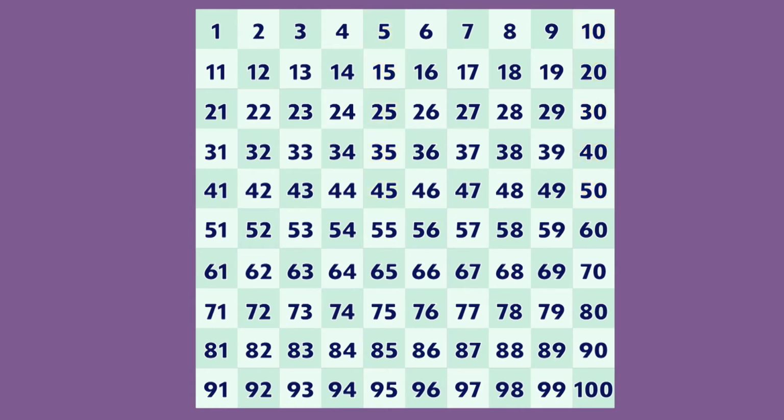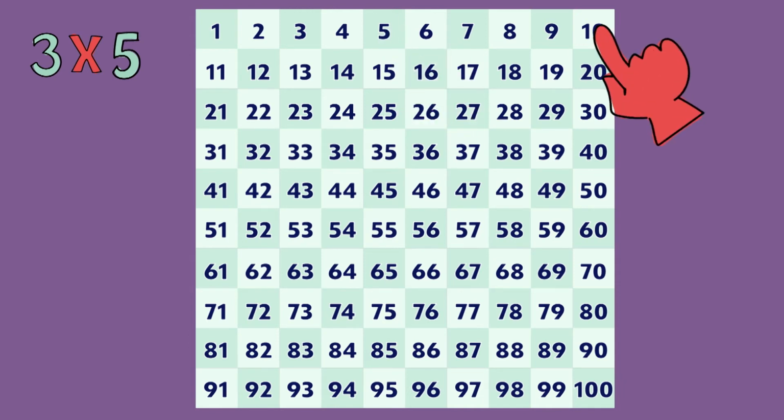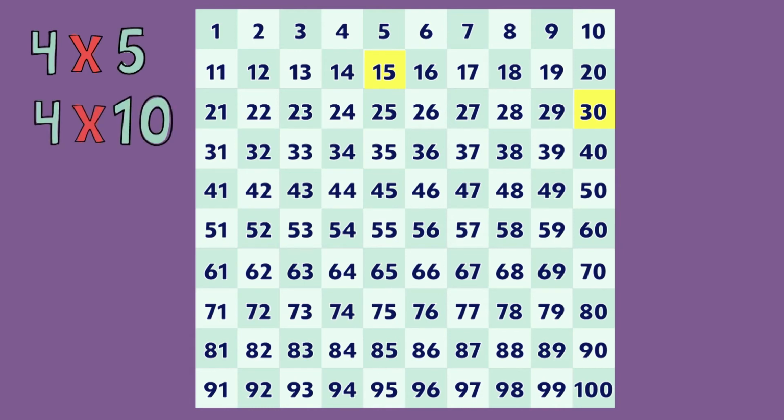Let's try it. 3 times 5, so I can count by 5s 3 times. 5, 10, 15. If I count 3 more times, that should be 3 times 10. So 20, 25, 30. Yeah. So what about 4 times 5 and 4 times 10?